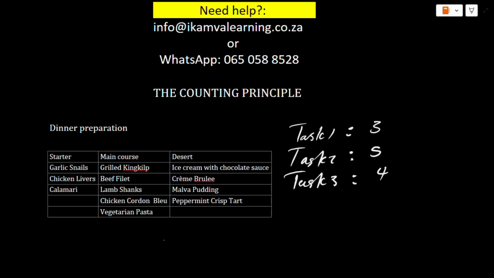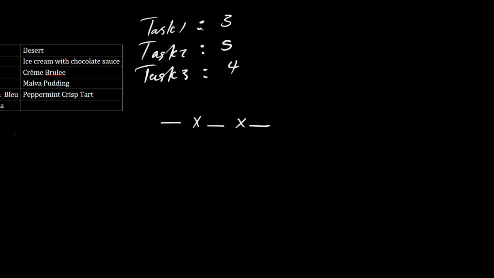This one dinner can be prepared in the following ways. For each task, you write a line: task 1 multiplied by task 2 multiplied by task 3. For each task, you write the number of total ways that you can prepare that task.